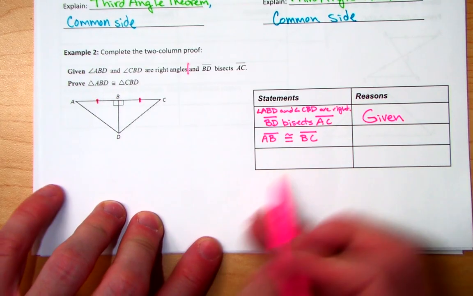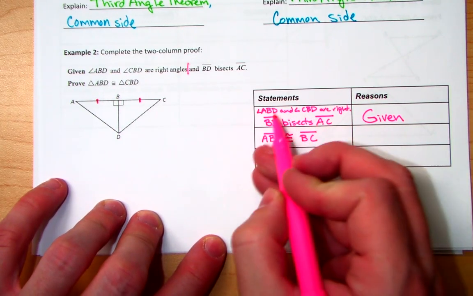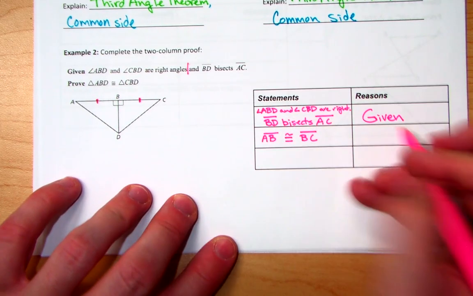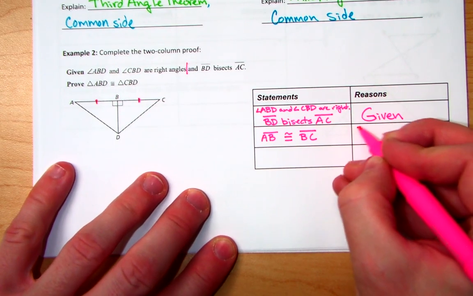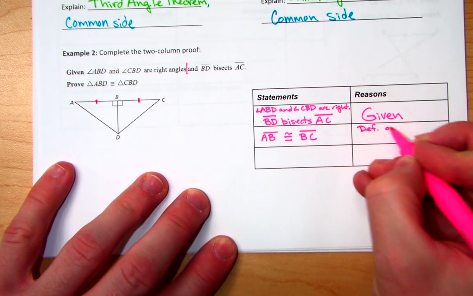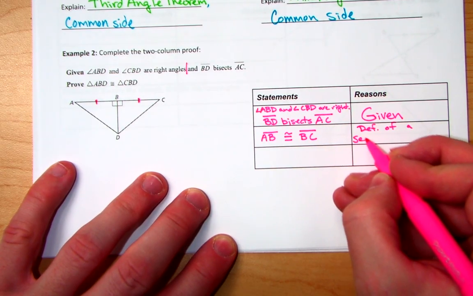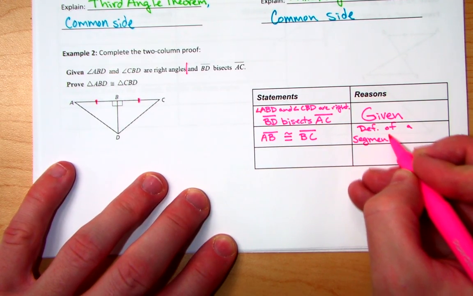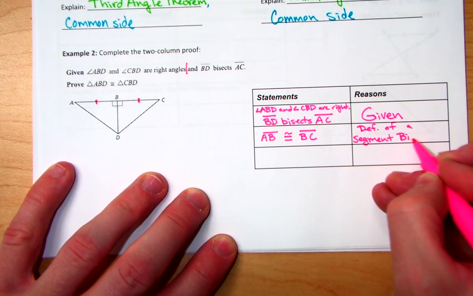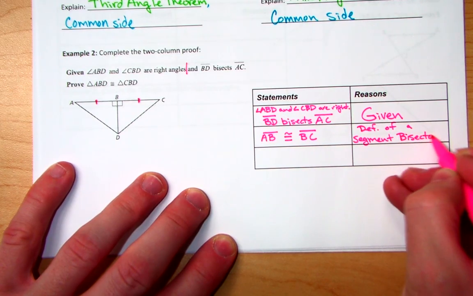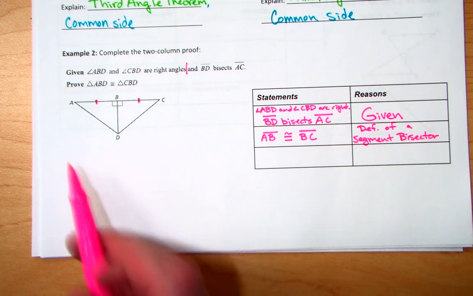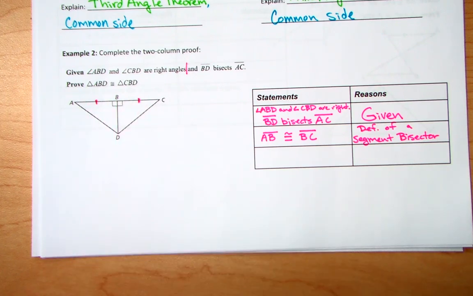How do we know that? Use the vocabulary that they gave you. They said we have a bisector in here. So we can say definition of a segment bisector. It is a segment that's getting cut in half. That lets us say that we've got this one side in common, right?